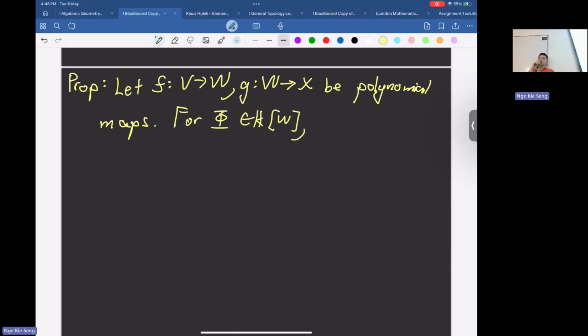Does it make sense? Do I need to remind you what K[W] is? Let me remind you once more. What is K[W]? Yes, the quotient ring. So what's this quotient ring here?